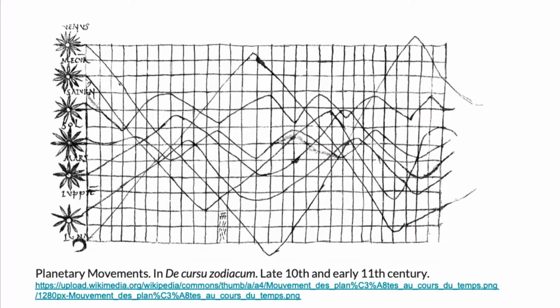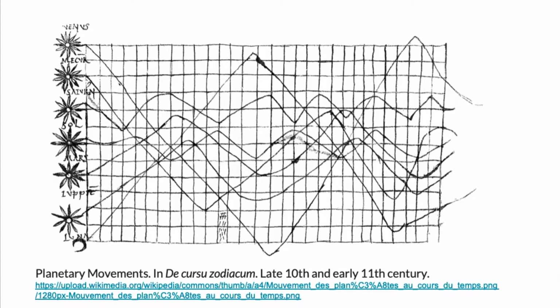You can see at the far left, these little sunburst graphics are labeled Venus, Mercury, Saturn. The vertical axis is the inclination of the planetary orbits, and the horizontal axis is time. There are some strange things in this diagram, so I don't think it exactly is a graph, but it certainly looks graph-like.